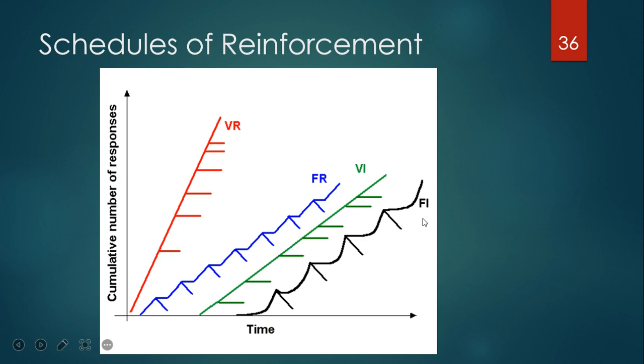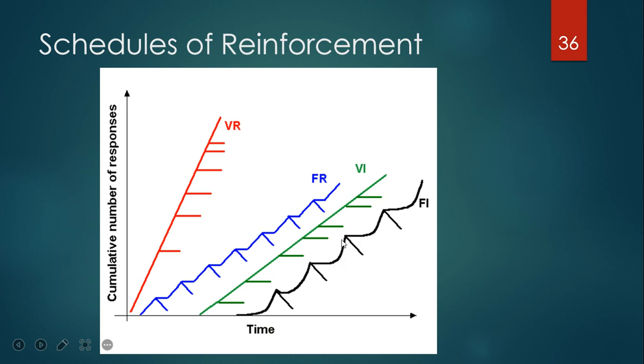And our last line here, the black line, FI, stands for fixed interval. So this time the rat gets rewarded for the first lever press after a fixed amount of time has passed. So they're getting rewarded for the first lever press after 10 seconds has passed or 30 seconds has passed.